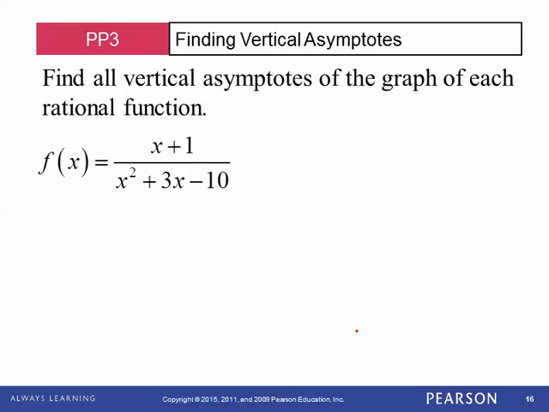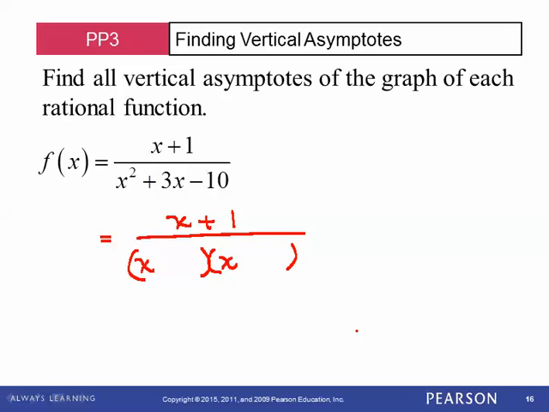Find me the vertical asymptote, or asymptotes, if there are multiple ones. Alright, what we always have to do is put it in factored form just to see if possibly the number on top is going to cancel with a factor on the bottom. So x plus 1 does not factor, but the bottom does.